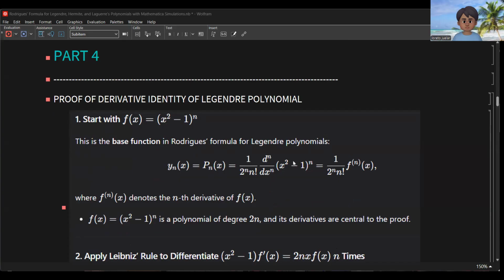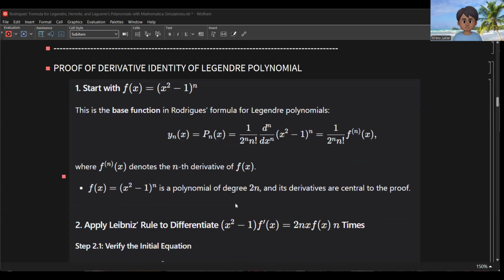Here f^(n) is the n-th derivative of f of x, where the n-th derivative denotes the derivative of order n of f of x.